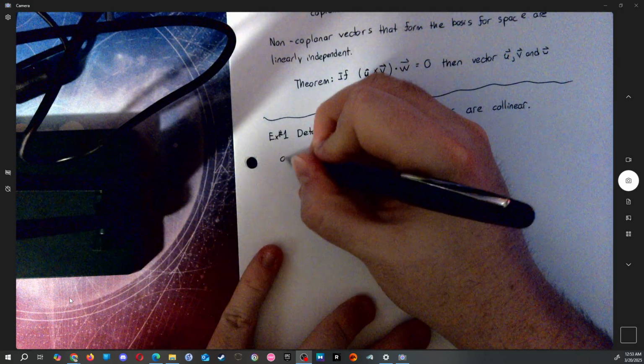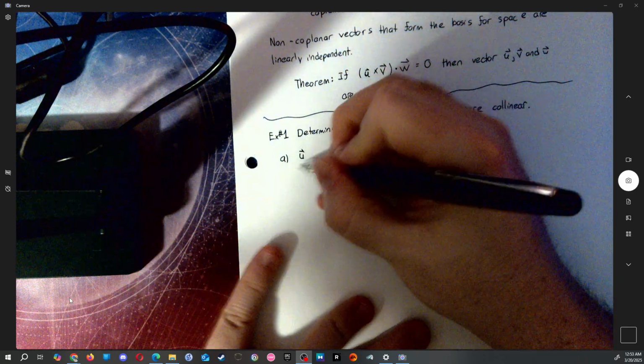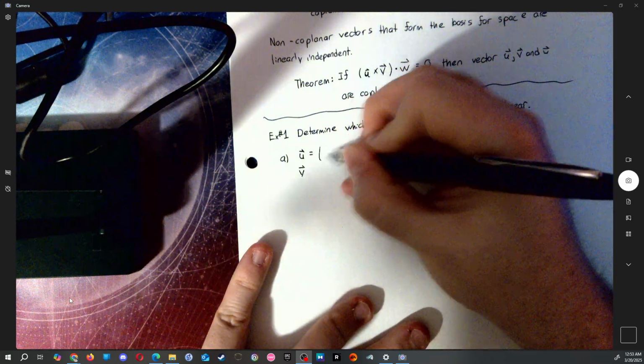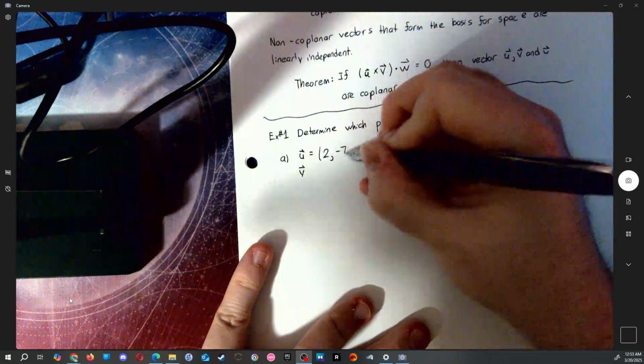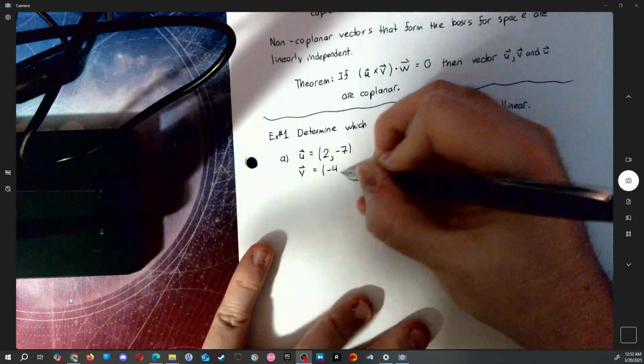So part A, I've just got vector u. Oh, sorry, you would have to pause after I actually give you the vectors, not beforehand. So after I read out the vectors, now pause it and give it a try.